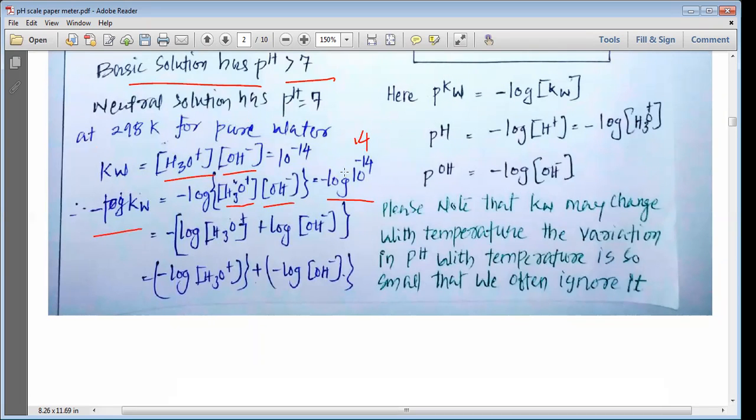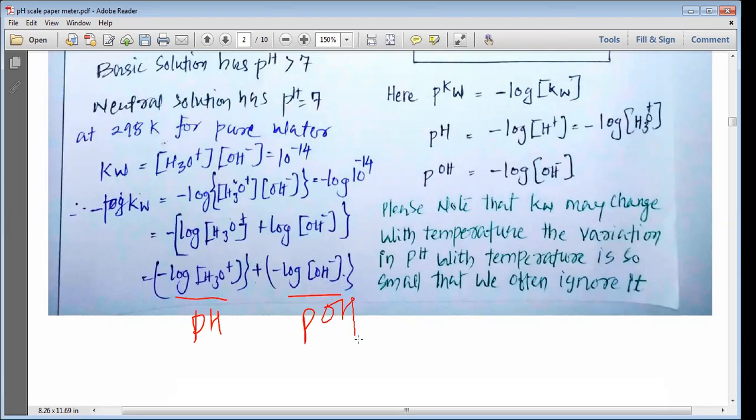We have even discussed that log of A into B is equal to log of A plus log of B, and that is why we can write minus log of H3O plus minus log of OH minus. We are well aware that minus log of H3O plus is nothing but pH, and minus log of OH minus is nothing but pOH.